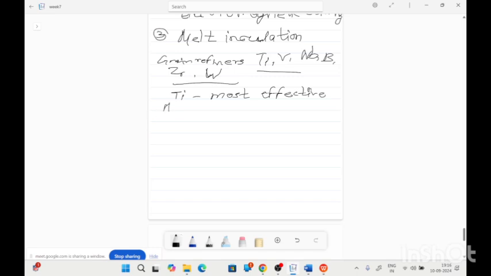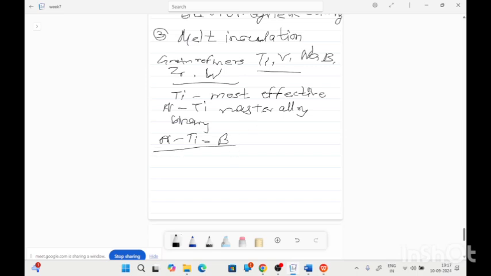One alloy is the aluminum titanium master alloy for melt inoculation. This is binary. One more master alloy used is the ternary aluminum titanium alloy, which has boron also in it.